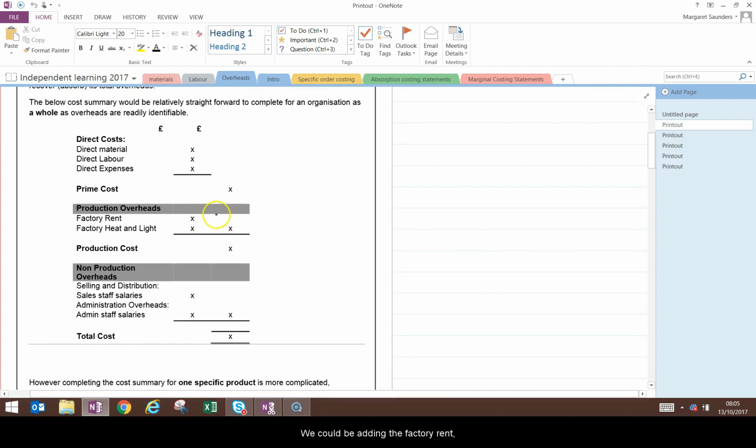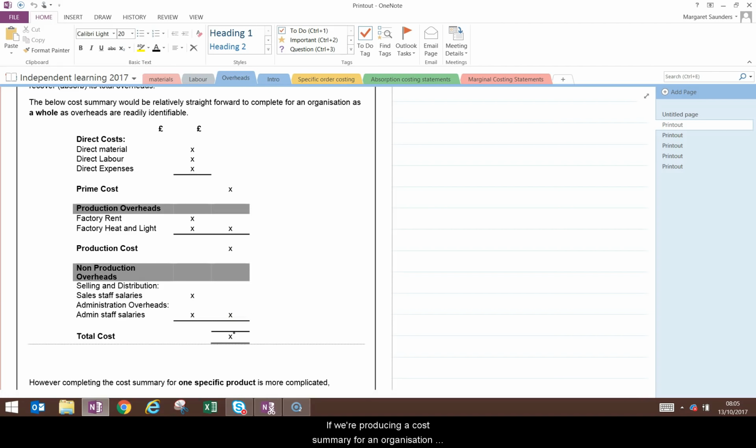We could be adding the factory rent, the factory heat and light. That gives us the production cost. Then we add our non-production overheads. For example, the selling and distribution overheads or the administration overheads. And then we get the total cost of producing our product.